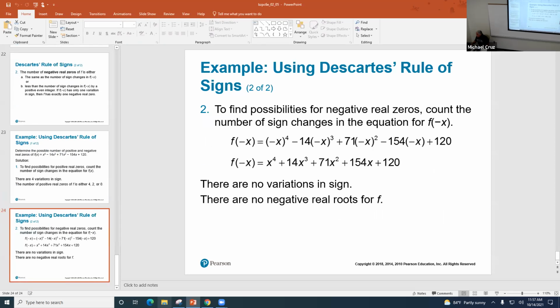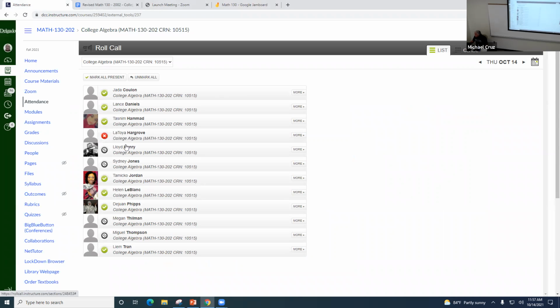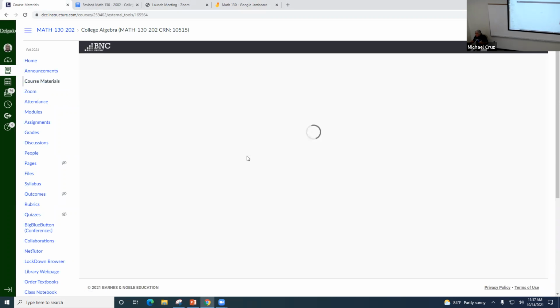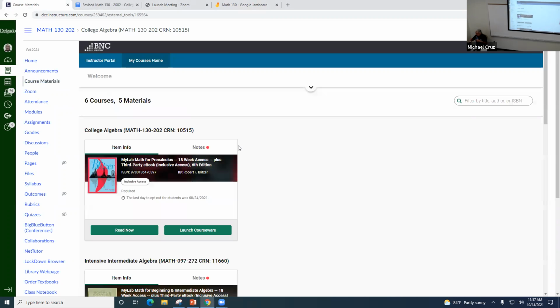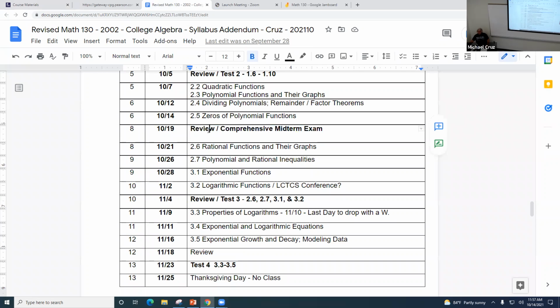When is the midterm? Well, let's look. If we go over the course materials and go into my math lab, according to this, on the 19th that exam will be open.